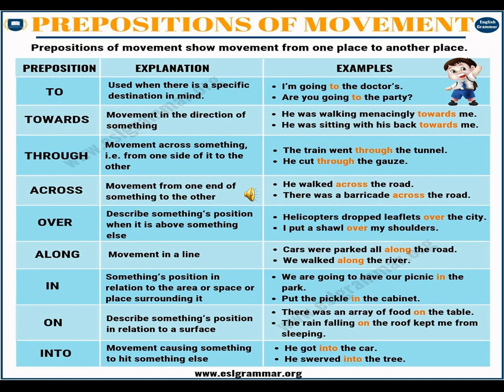So students, there are not just prepositions of place and prepositions of time, but also prepositions of movement. And these prepositions show us the movement of any particular thing from one place to another. Some of the examples are to, towards, through, across, over, along, in, on, onto.